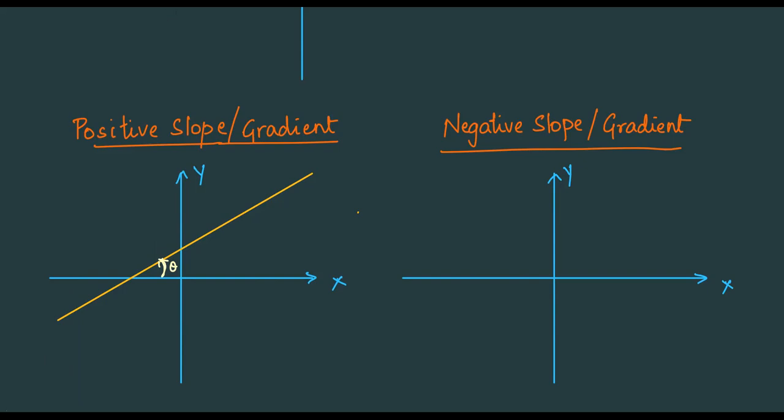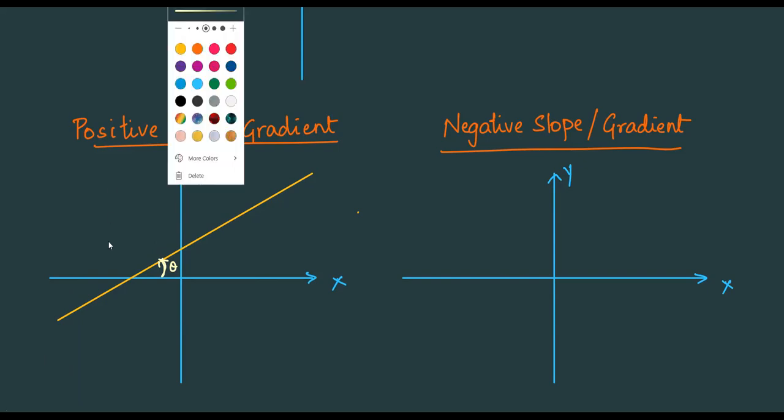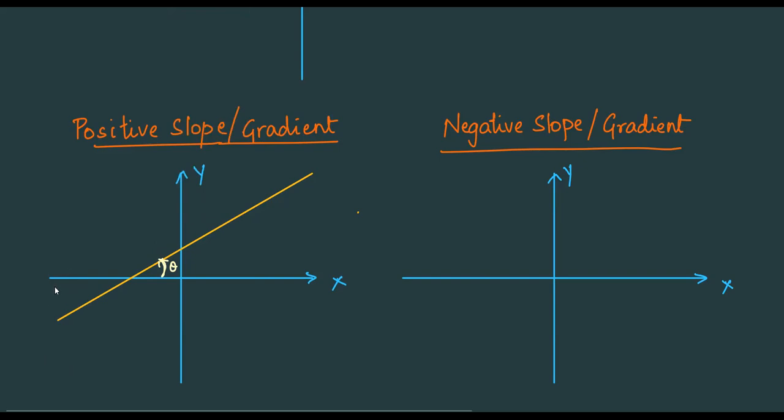So it is a positive slope, positive gradient. It means this: when we move in the positive direction of the x-axis, let's say assume a locus, a variable point on the straight line is moving from left to right across the x-axis.